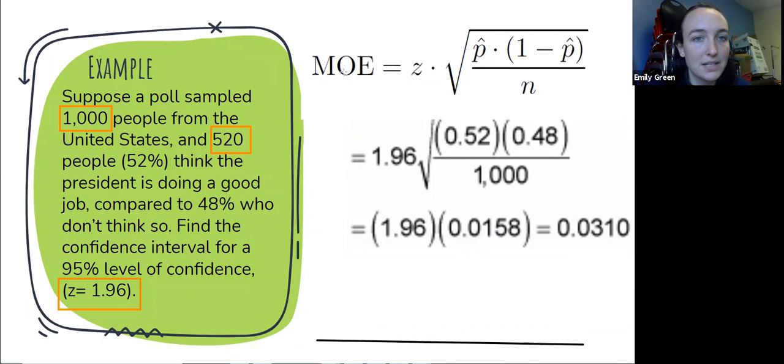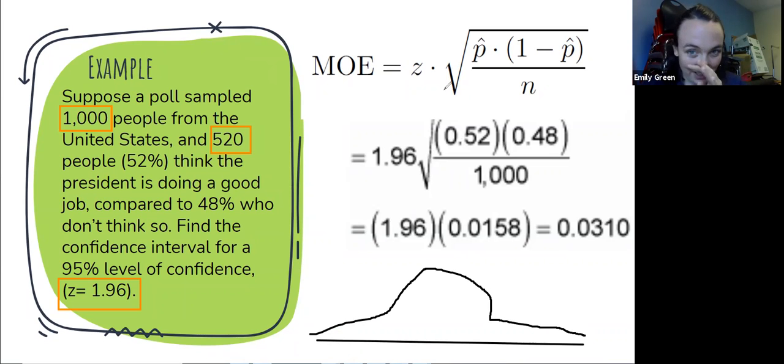So prepare for a really terrible drawing. All right, so we have our normal curve. Pretend this is a normal curve. I know it's awful. And basically what we have right now is some estimate. That's my 0.52, right?